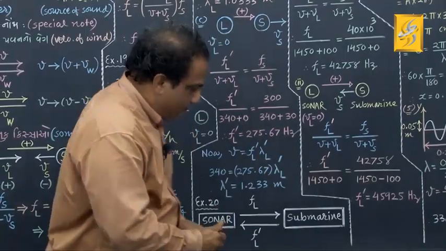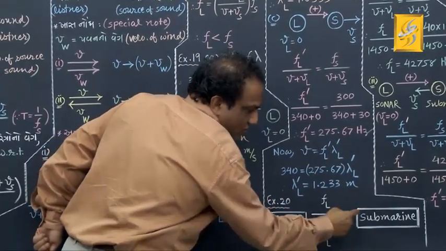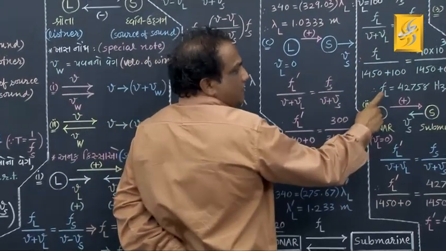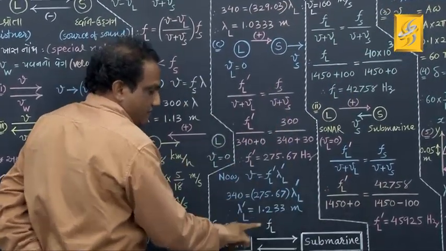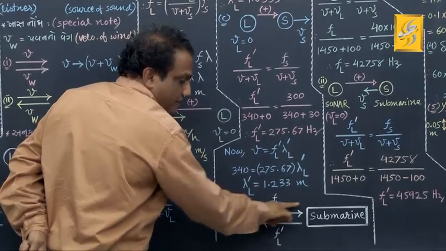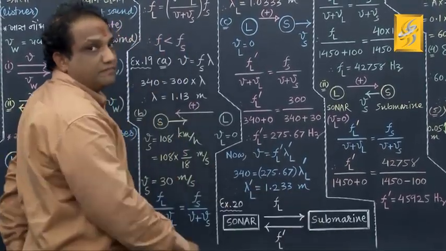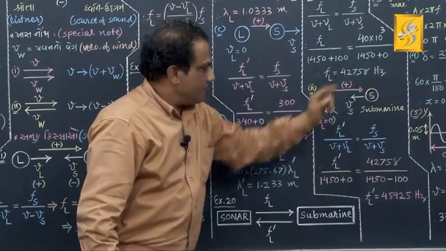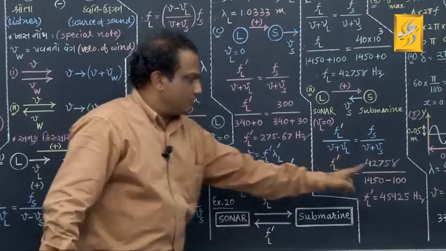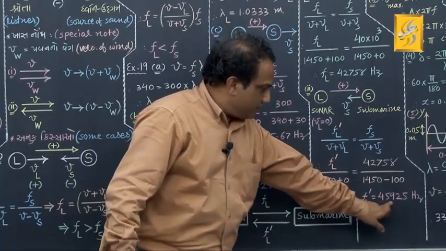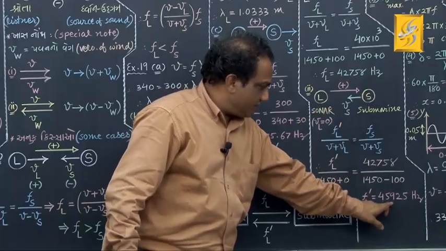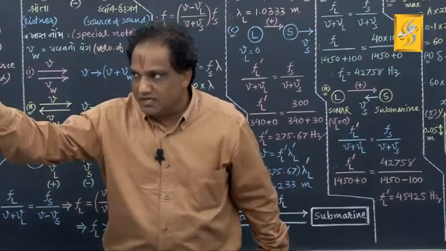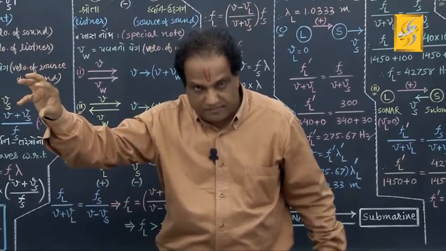This is the frequency of sound waves reflected from the submarine, correct? And this other frequency is that of the sound waves made incident on the submarine. Incident sound waves have this much frequency, reflected sound waves have this much. Why is this frequency greater than this? The reason is very simple. Sonar is here, at rest.